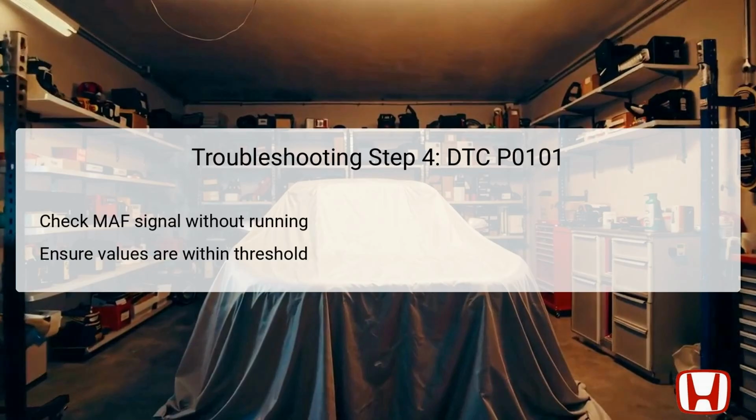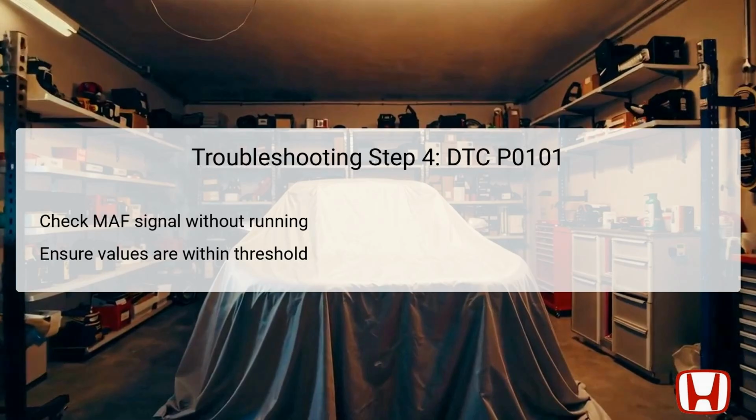The fourth troubleshooting step involves checking the MAF sensor signal while the engine is off. Switch the vehicle's ignition to the on position, but do not start the engine. Using the Honda Diagnostics System, HDS, measure the MAF sensor signal against established threshold values, which range from 520 to 10,000 Hz.